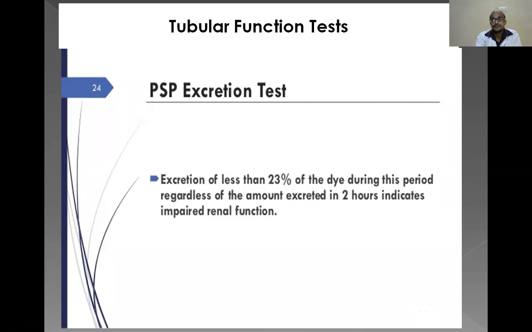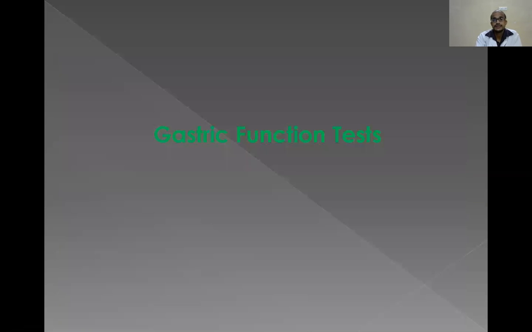That is an important function of the kidney. So this is the renal function test. Okay. Now we will be assessing the urine and the blood examination, and separately we will assess the glomerular function, the filtration function, and the tubular function, the reabsorption function.